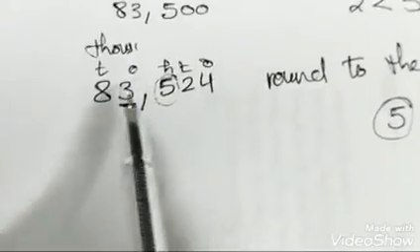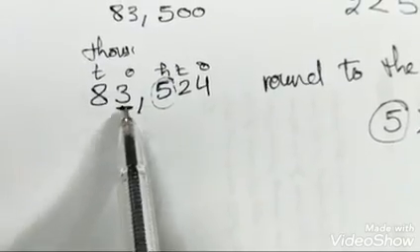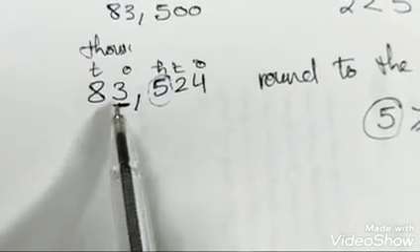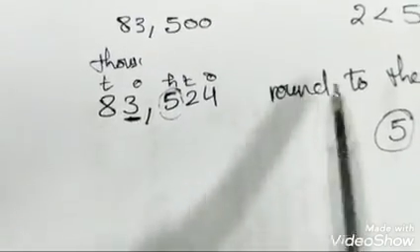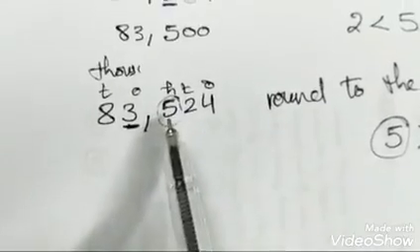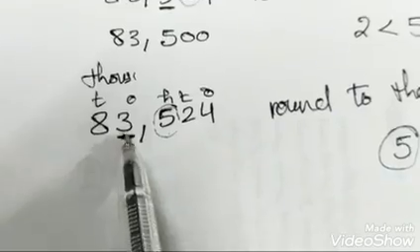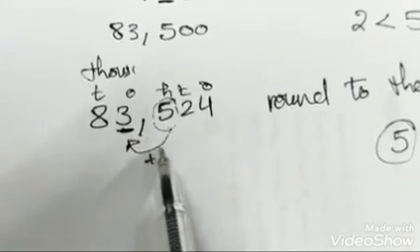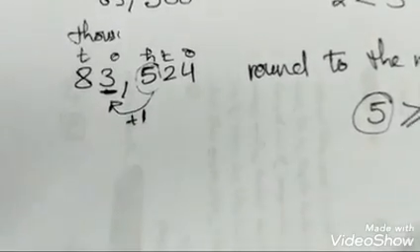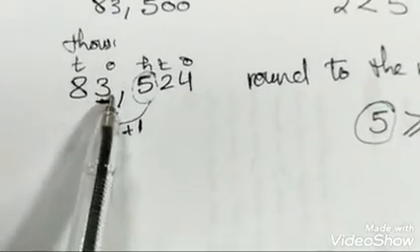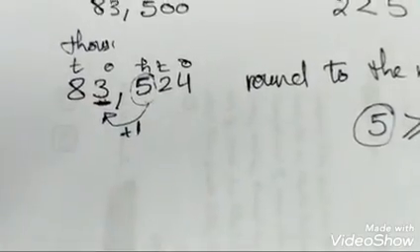The number 3 will be increased by 1. So for the number to the right side of the digit I want to round, if it's 5 or more, this number will be increased by 1, because this digit is 10 times this digit.